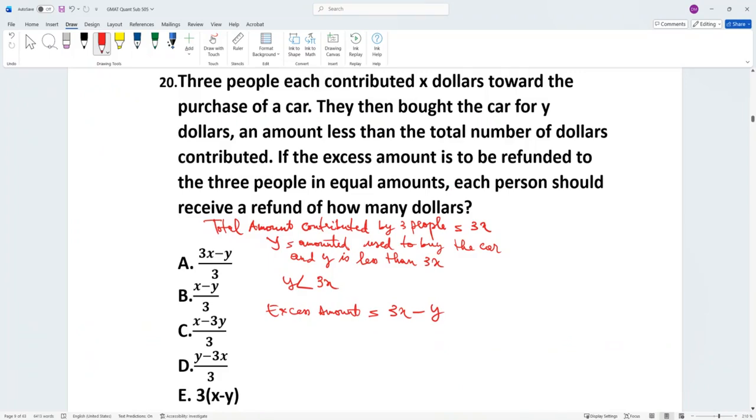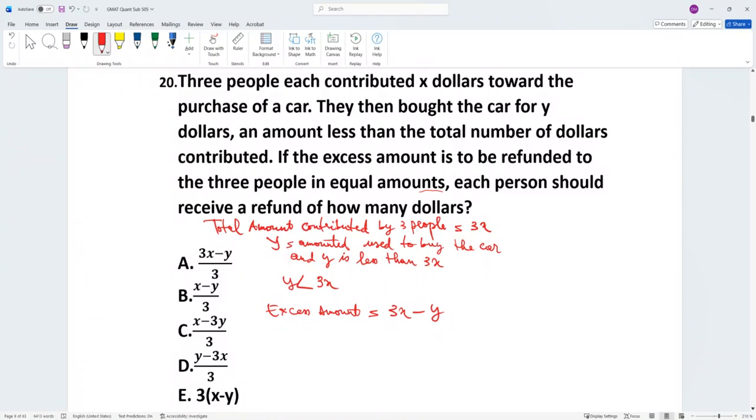But the question is not just to find the excess, but to find how much each person will receive from the excess. If the excess amount is to be refunded to 3 people in equal amounts, that means we have to divide the excess by 3, so that each person receives an equal amount. Each person should receive a refund of how many dollars?